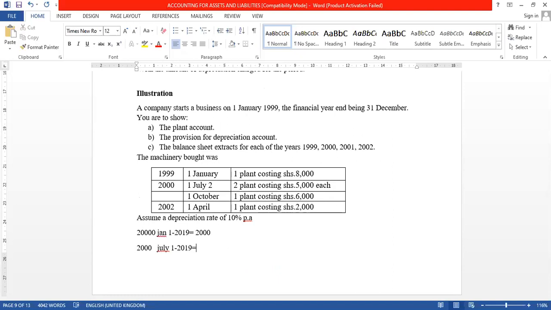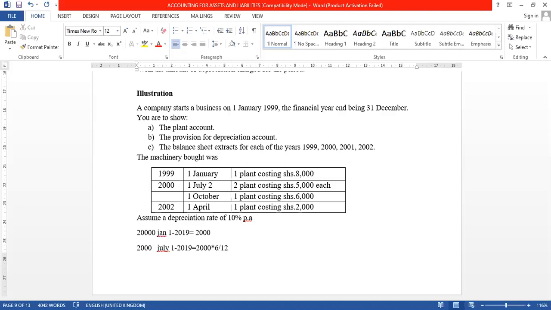Because per year it is 2,000, for these 6 months it should be 2,000 multiplied by 6 months over 12, which is half a year.